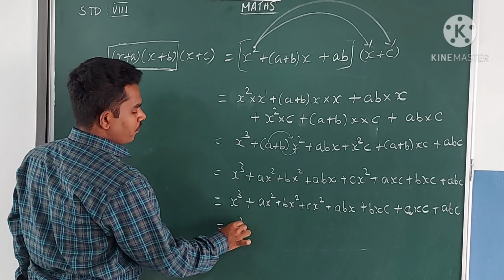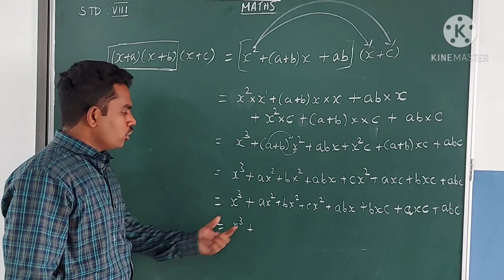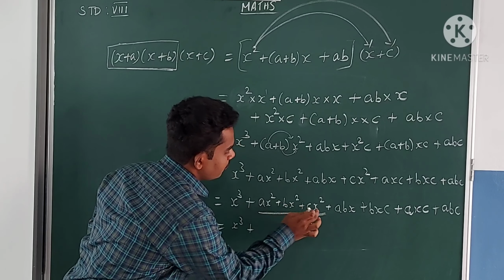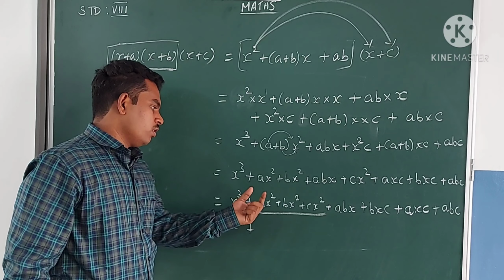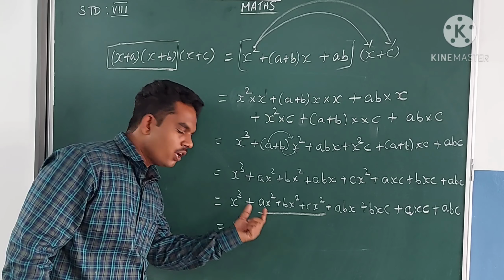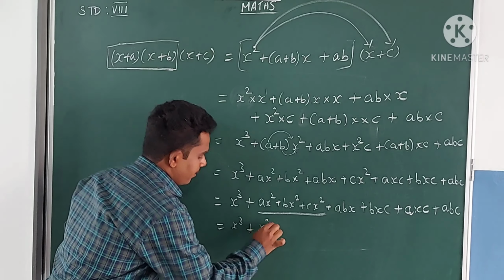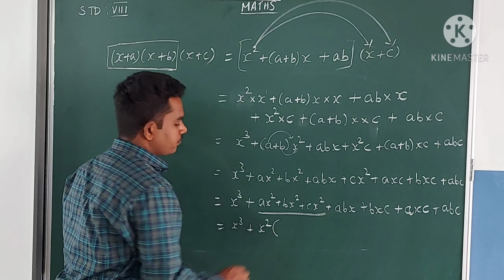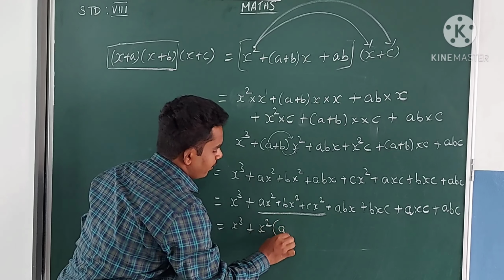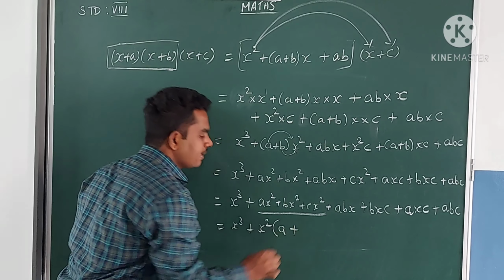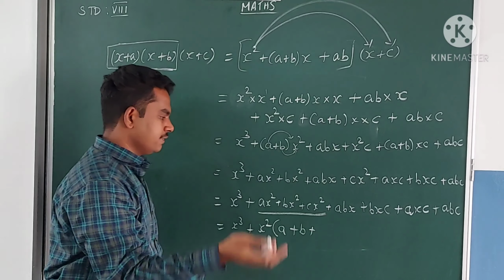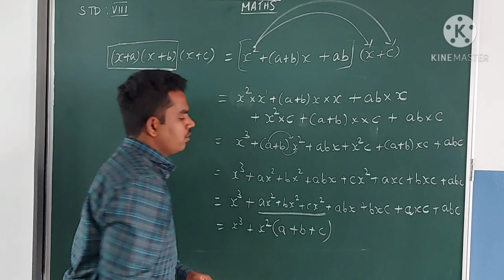Next step: x cube plus, observe the terms, x square as a common: x square into a plus b plus c.